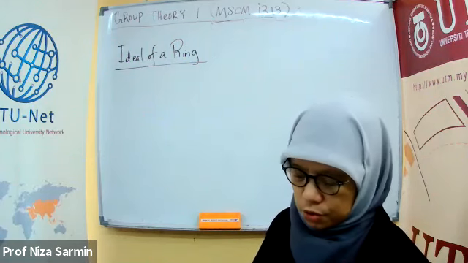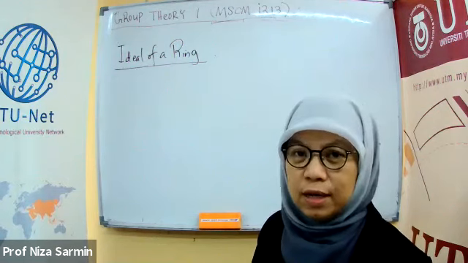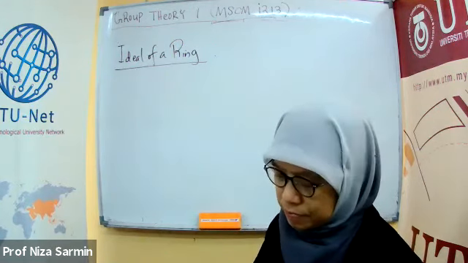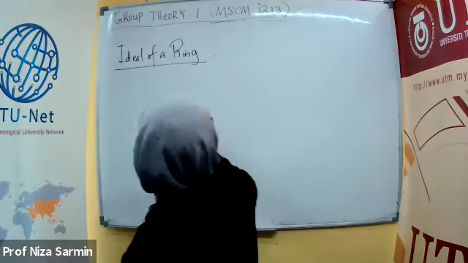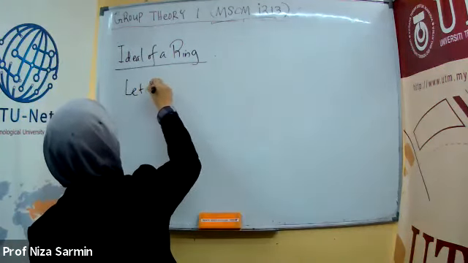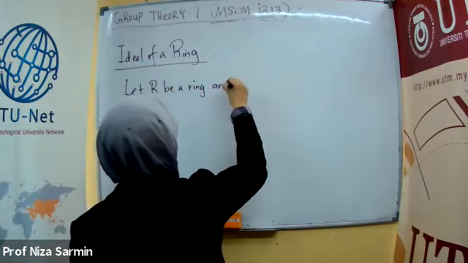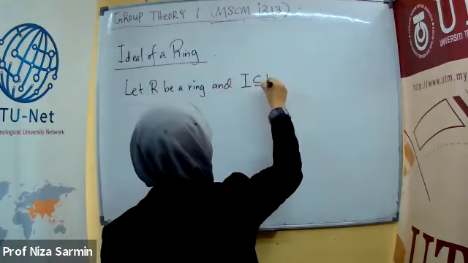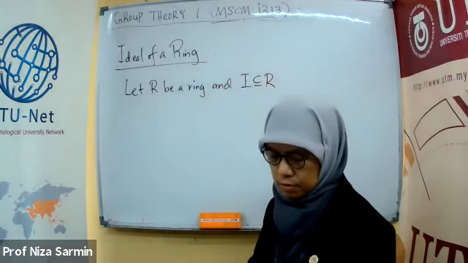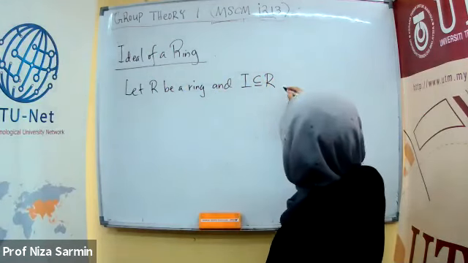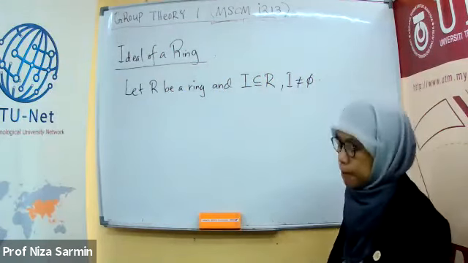All right. So before we go to ideal, we go to left ideal and right ideal. Okay. Let R be a ring, and I is a subset of R. I is not empty.